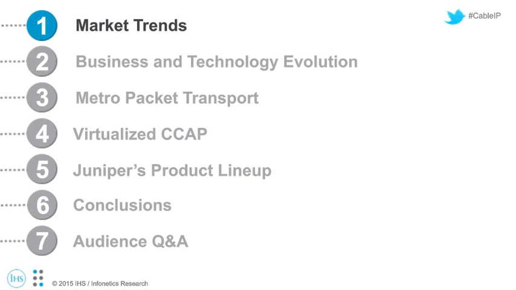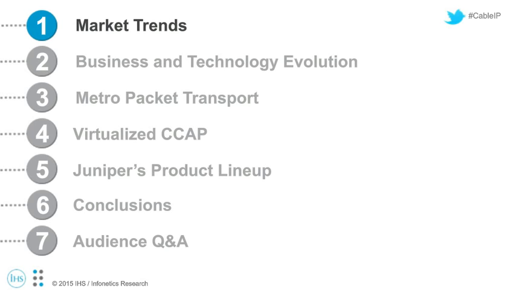Thanks, Joanne, and hello, everyone. Thanks for joining us today. Just a quick overview of today's agenda. First, I'm going to go over some market trends that we're seeing specifically for cable MSOs. Then I'm going to hand things over to Andy Smith of Juniper to talk about the business and technology evolution for cable operators. He's going to go into some more details about metro packet transport.